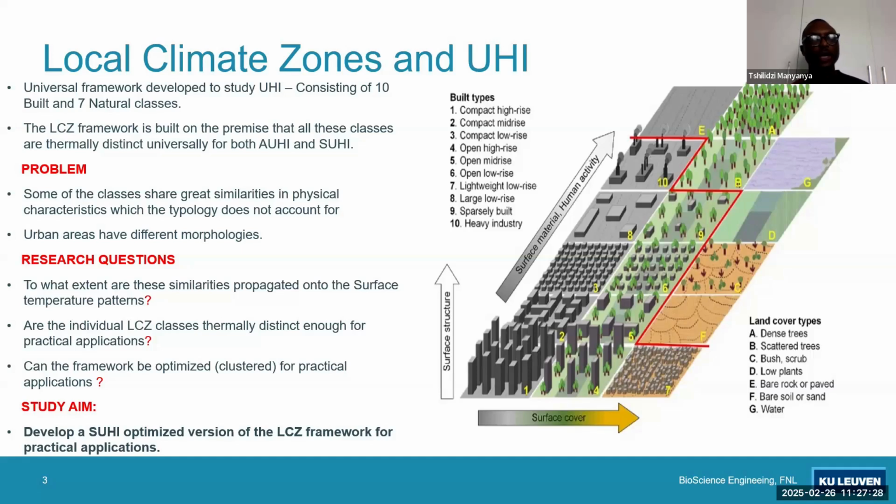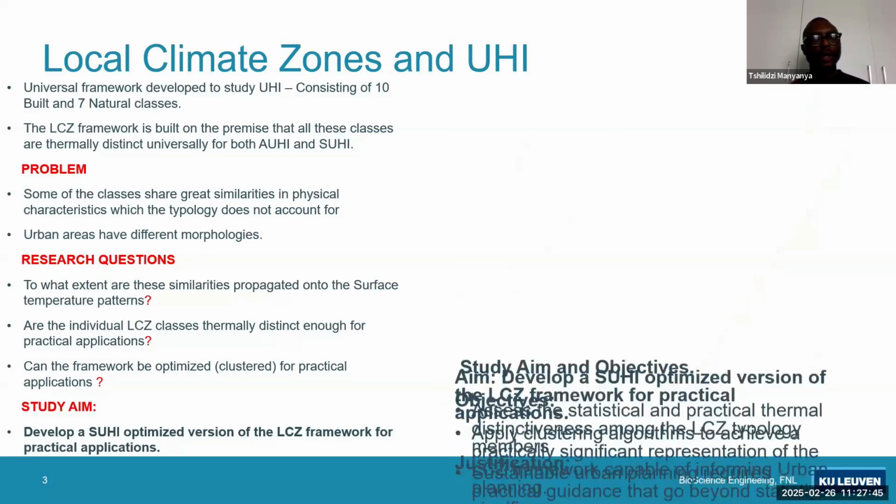After that, we asked, can the framework be optimized, or in a way clustered, for practical applications? This led us to the aim of this chapter, which was to develop a SUHI-optimized version of the local climate zone framework that will have practical applications.